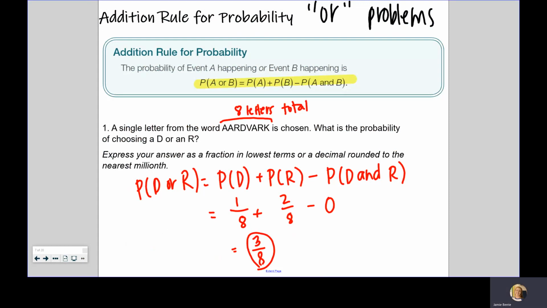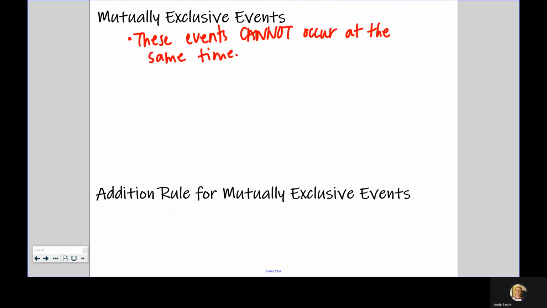So let's talk more about mutually exclusive events. So when two events are mutually exclusive, that means these events cannot occur at the same time. All right, so for example, you could not be 17 and 35 at the same time.